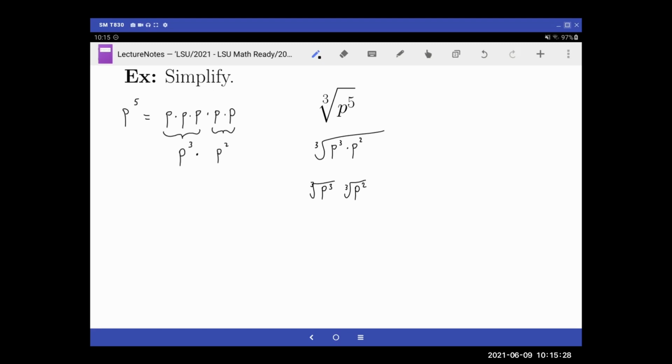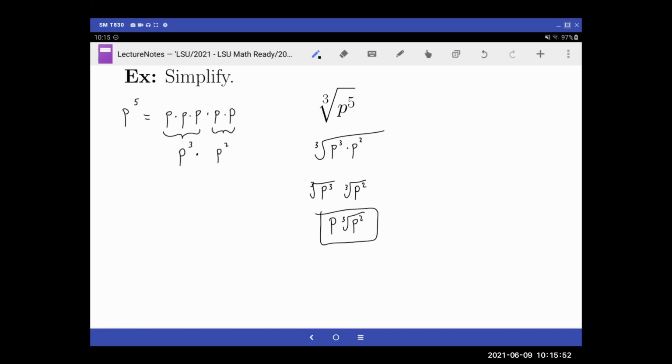Okay, so why would I do that? Because that's going to divide evenly. Okay, so 3 divided by 3 will give me 1, so p to the 1st power. 2 divided by 3 is just going to be 2/3, so I'm actually going to leave it as the cube root of p squared.